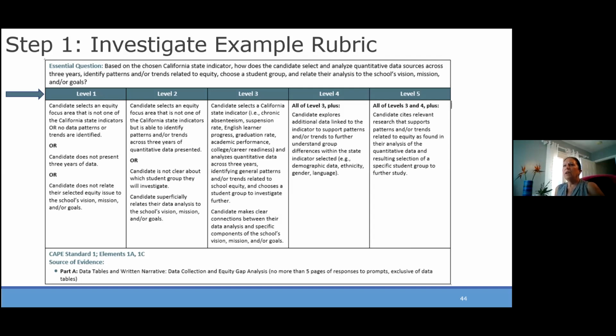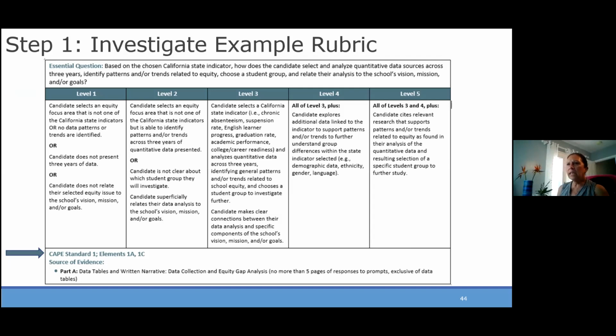So the next arrow brings us down to the bottom section of the rubric. What we have here is the CAPE that is being measured by element. In this rubric, it's CAPE Standard 1, elements 1A and 1C. And then there is the source of evidence. This is what the assessor uses, and only uses, to make a judgment of the evidence against this rubric for a score.